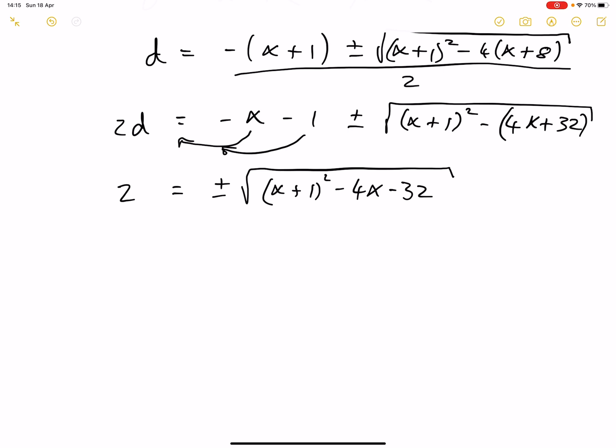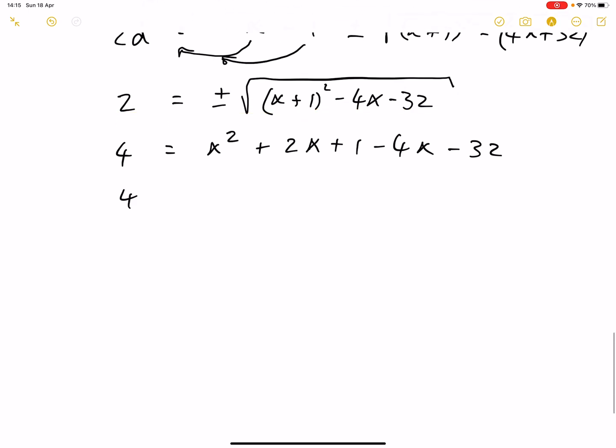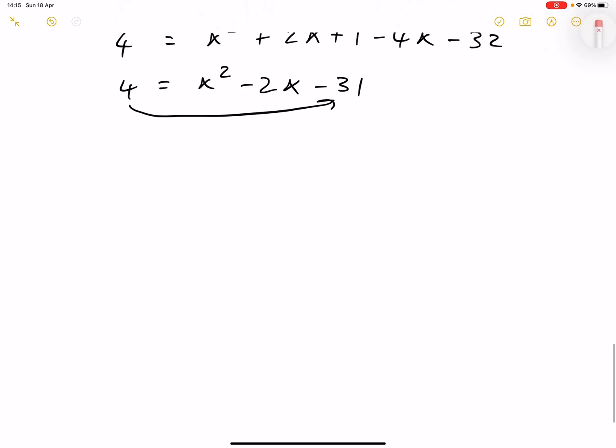So 4 is equal to, I'm just expanding this bracket here, alpha squared plus 2 alpha plus 1 minus 4 alpha minus 32. So 4 is equal to alpha squared minus 2 alpha minus 31. Bring the 4 across, and that will give that 0 is equal to alpha squared minus 2 alpha minus 35.